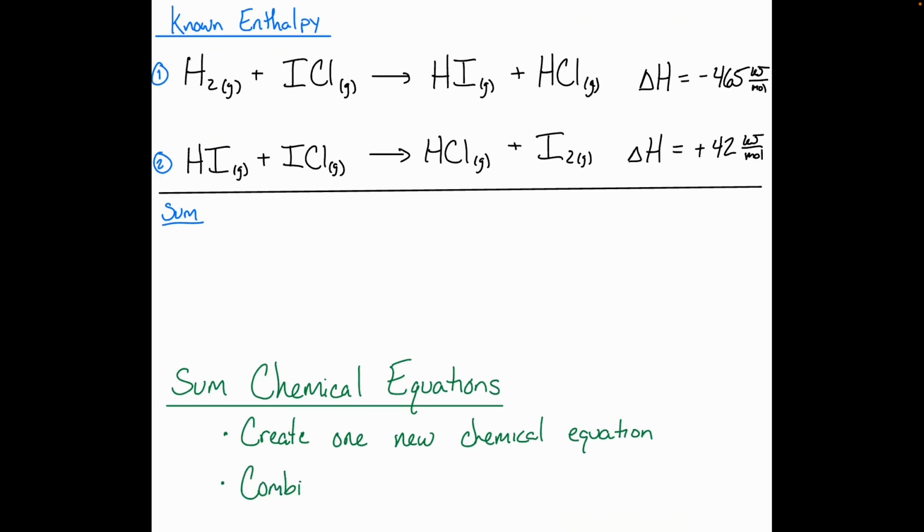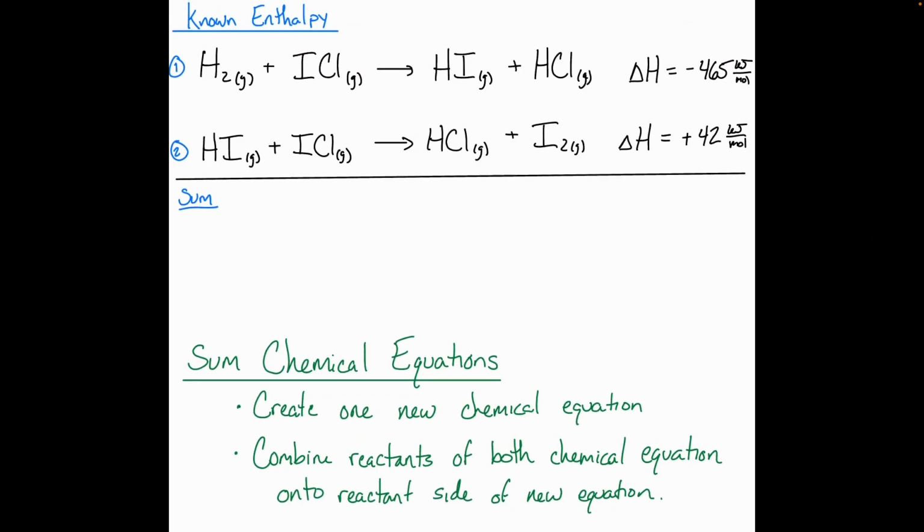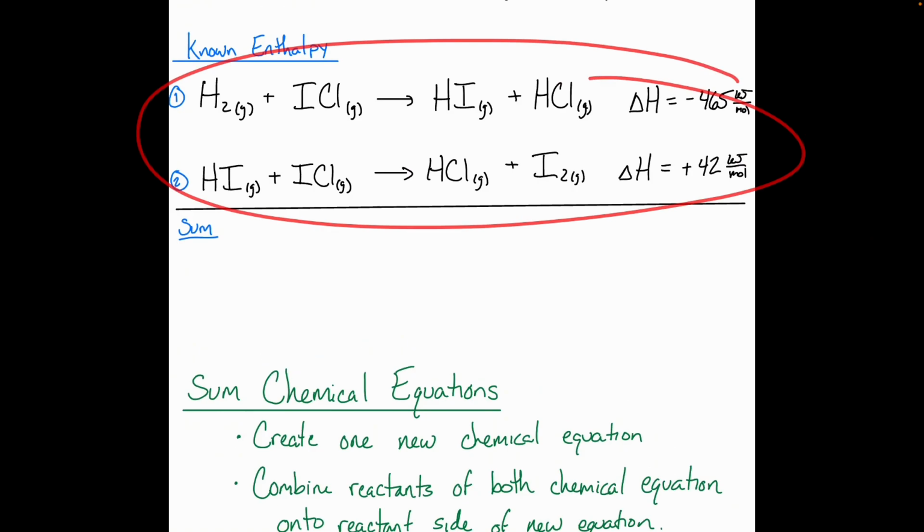I'm going to combine my reactants of both of these chemical equations onto the reactant side of my new chemical equation. All right, so what do I mean by that? If I look, I'm summing up these two reactions here.